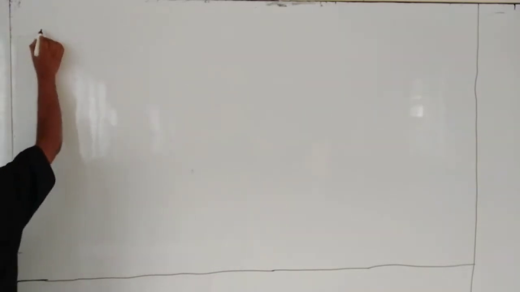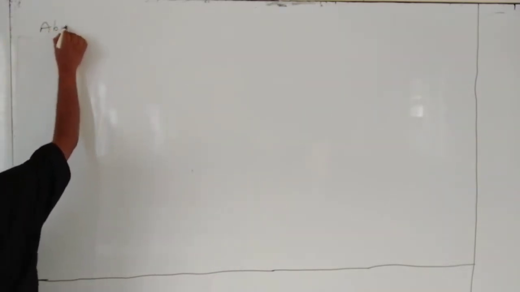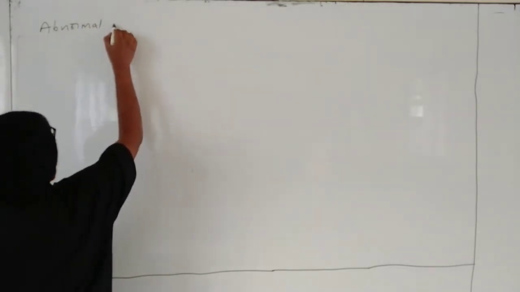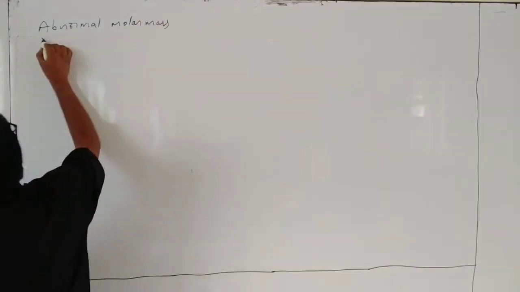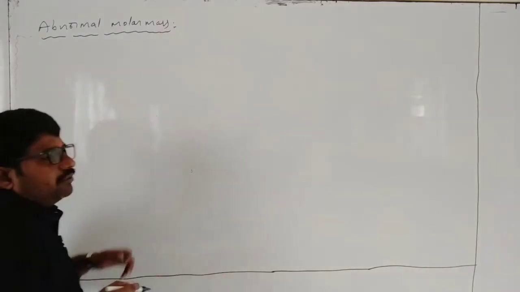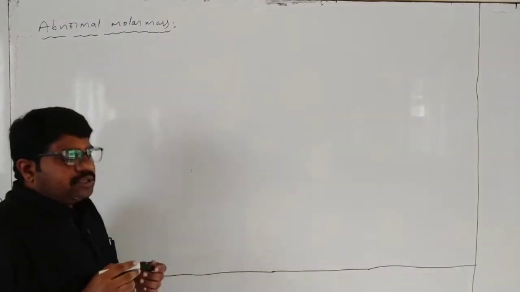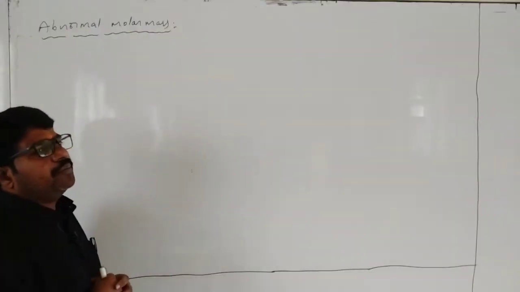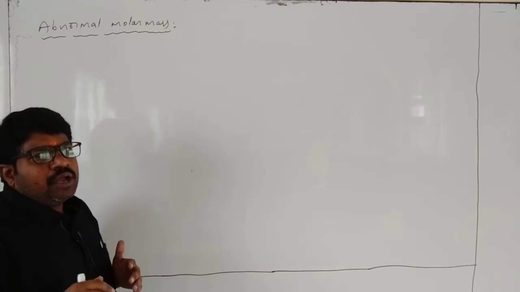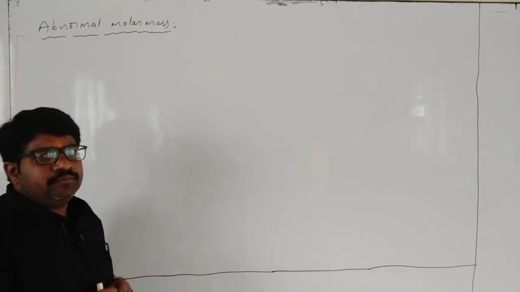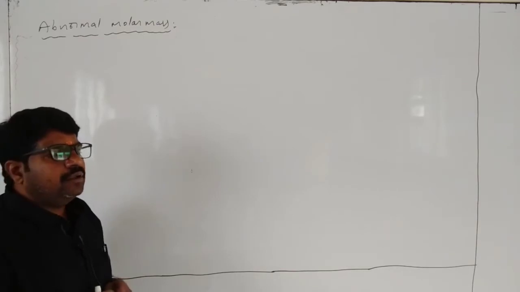So now, what is abnormal molar mass? What is the importance of colligative properties? By using colligative properties, we calculate the exact molecular weight of the solute.